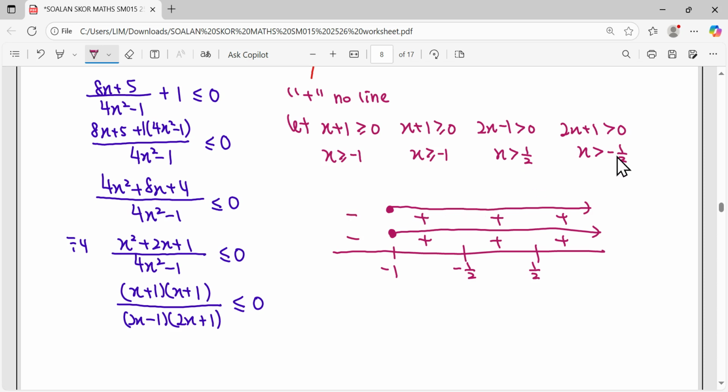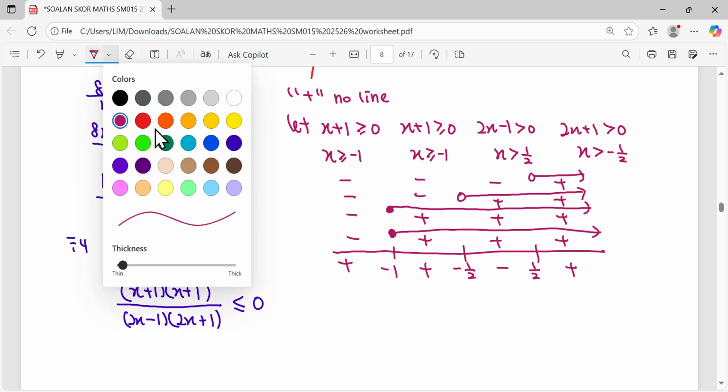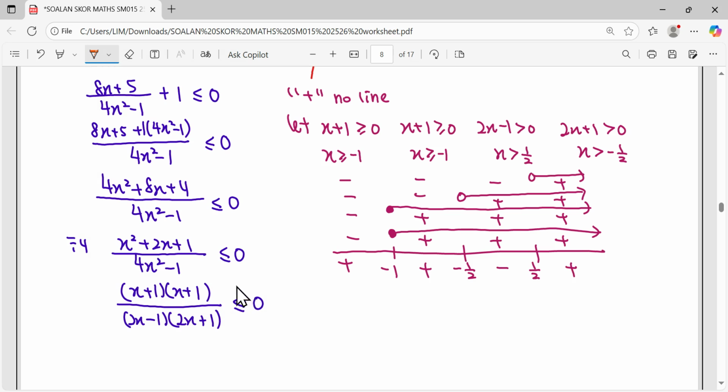Then this one more than, positive, this region positive, this region negative, and then more than 2, positive, negative, negative, negative. So multiply up: this is positive, this is negative, this is positive. Then the region that you want to find here is negative, which is this.